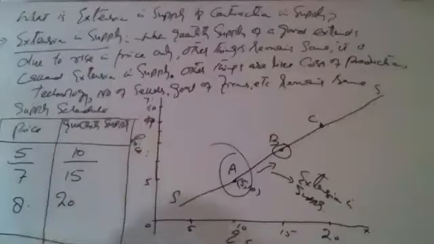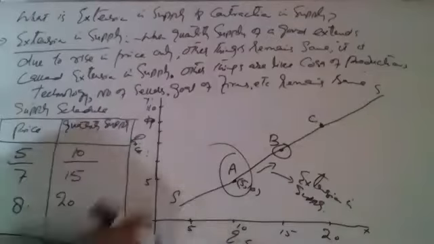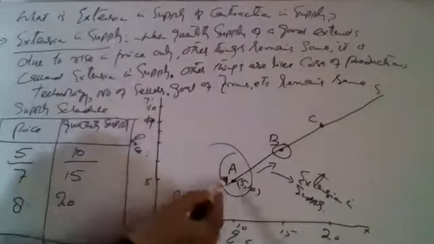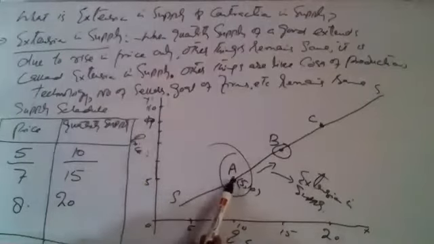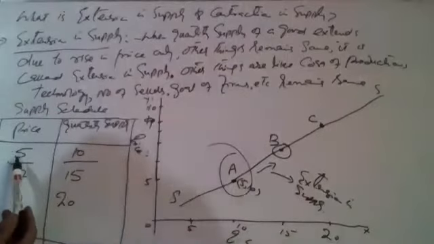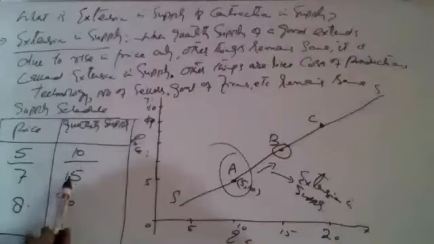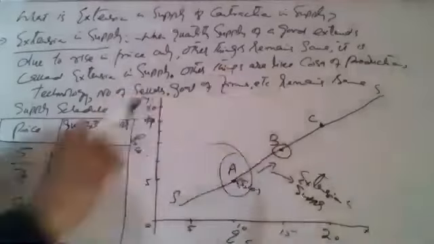schedule and diagram that when price is 5, the supply is 10, and we were at point A on supply curve SS. When price rises from 5 to 7, the supply extends from 10 to 15, and we move to point B on the same supply curve.